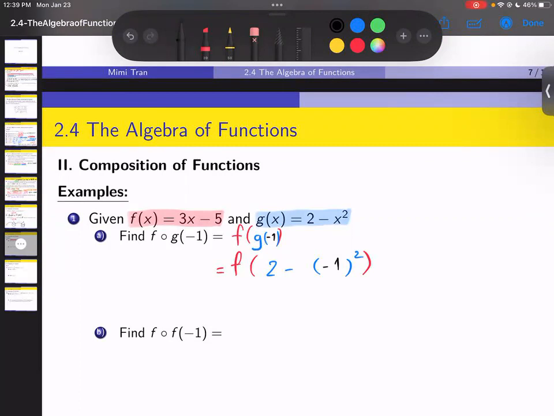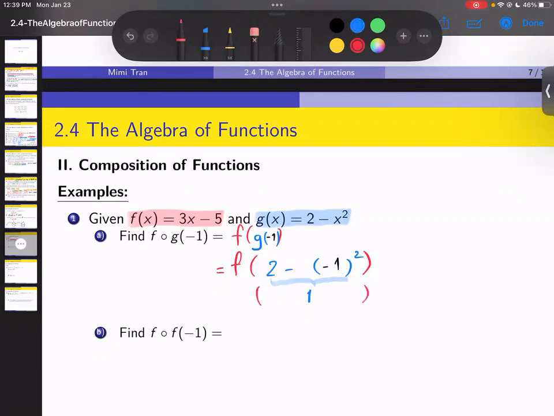So far, so good. What is that equal? 2 minus quantity of -1 squared equals 1, right? -1 squared is positive 1, 2 minus 1 is 1. So now g of -1 equals 1.